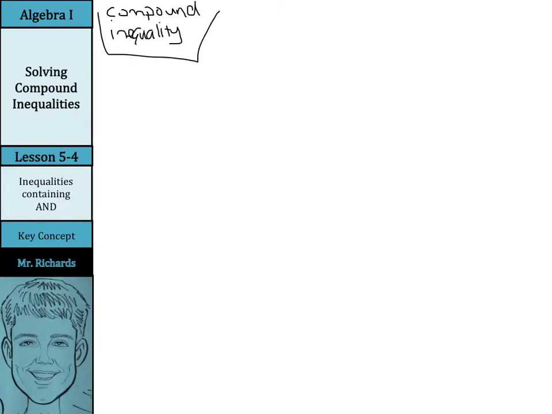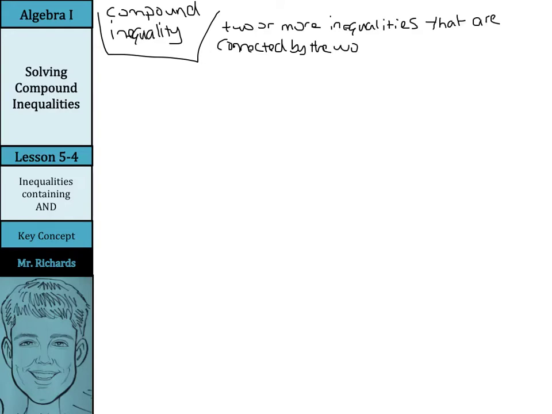Well, by definition, a compound inequality is two or more inequalities that are connected by the words and or or.